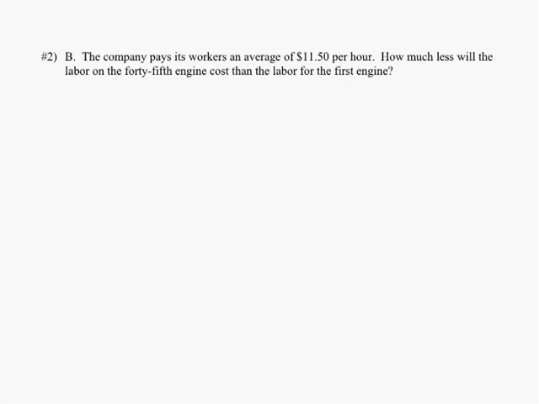The company, we're talking about the same company, pays its workers an average of $11.50 per hour. How much less will the labor on the 45th engine cost than the labor on the first engine? So you've got to figure out the total labor for the first one, figure out the total labor for the 45th one, and subtract those.